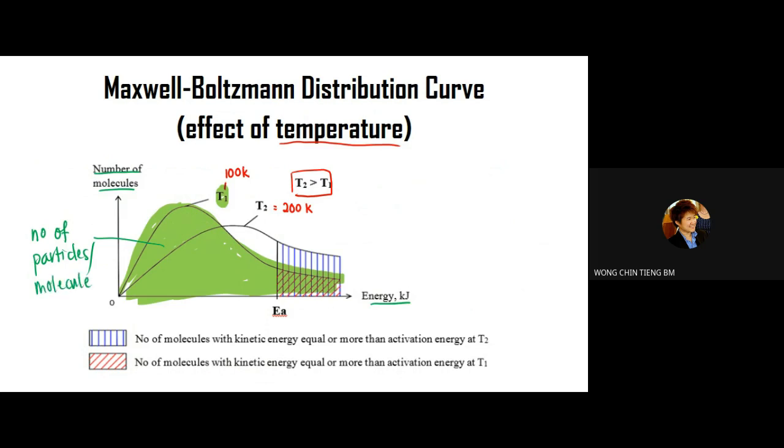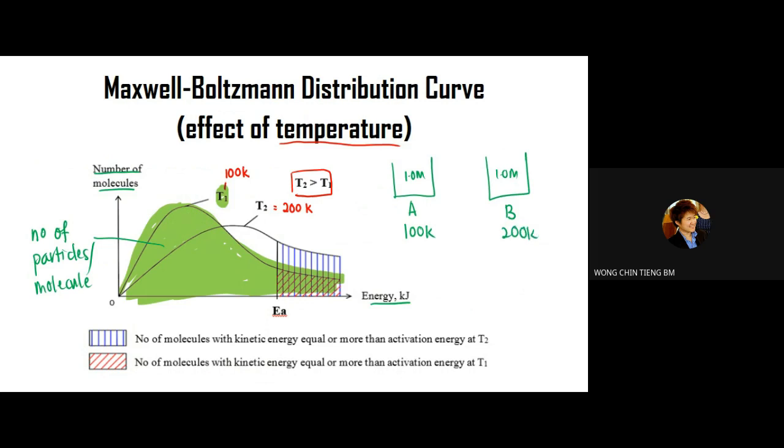Okay? And sayang, kita cerita pasal effect of temperature. Setuju? Concentration sama tak? Sama. You know what happened actually? I have beaker A with the same thing. I have beaker B with exactly the same thing. Kalau pacik ni 1 molar, pacik ni 1 molar, exactly the same thing, but I put at different temperature. Okay?